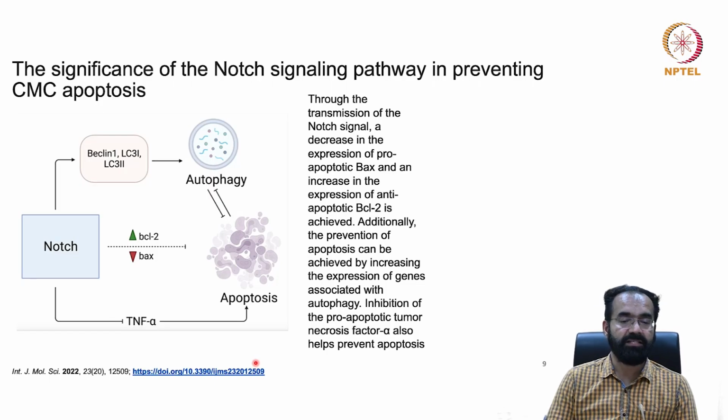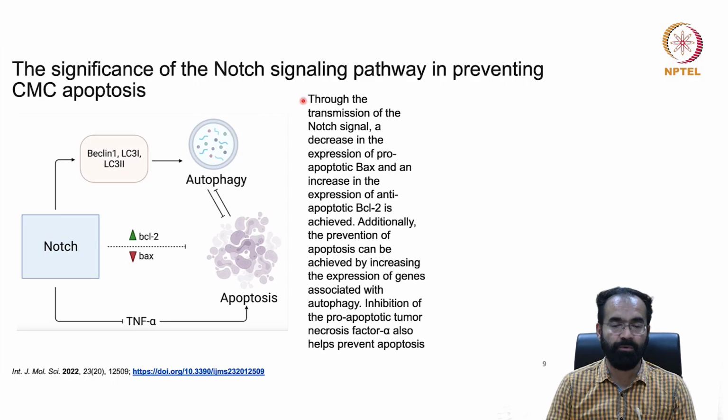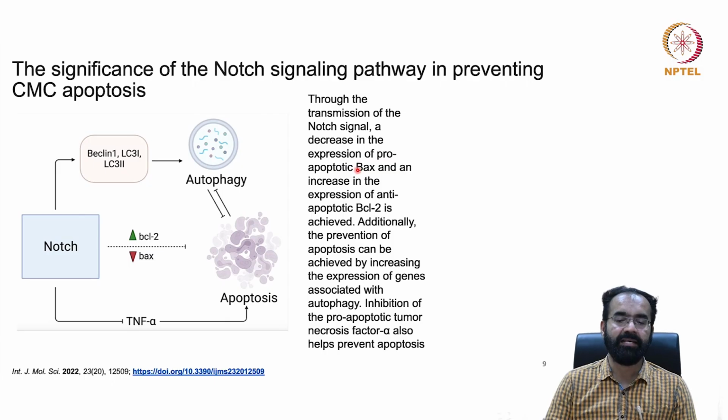Now the significance of the Notch signaling pathway in preventing cardiomyocyte apoptosis: through the transmission of the Notch signal, there is a decrease in the expression of pro-apoptotic BAX and an increase in the expression of anti-apoptotic BCL2.